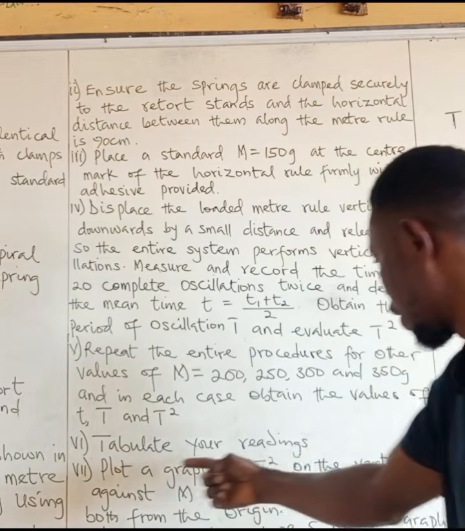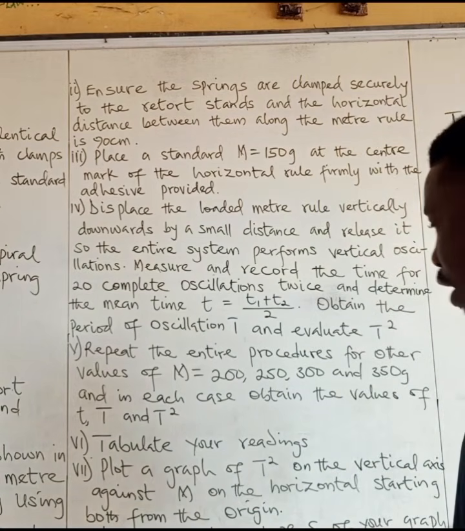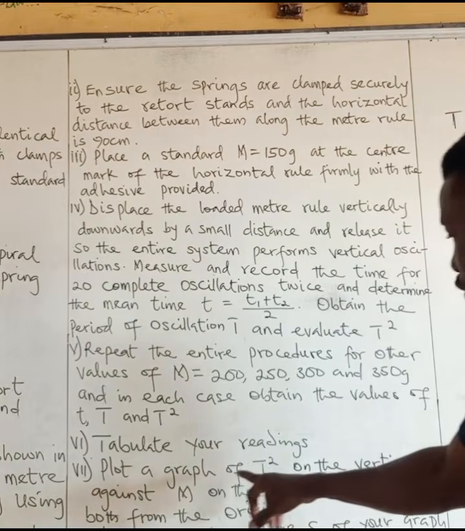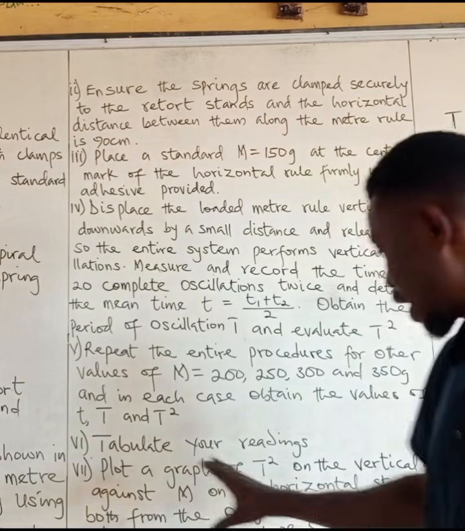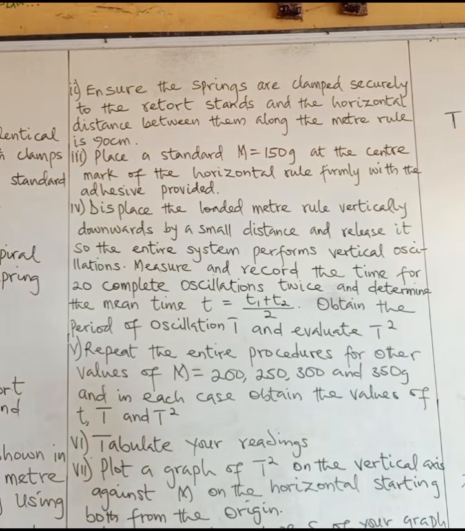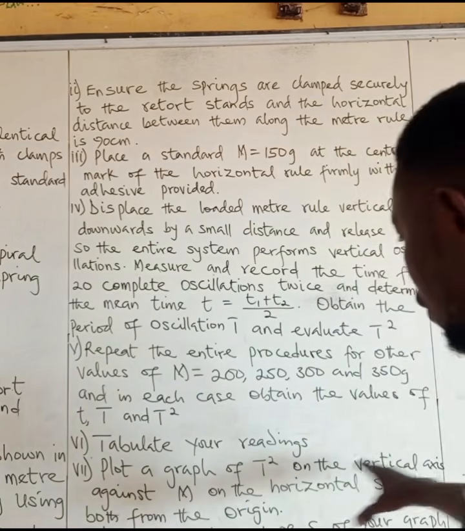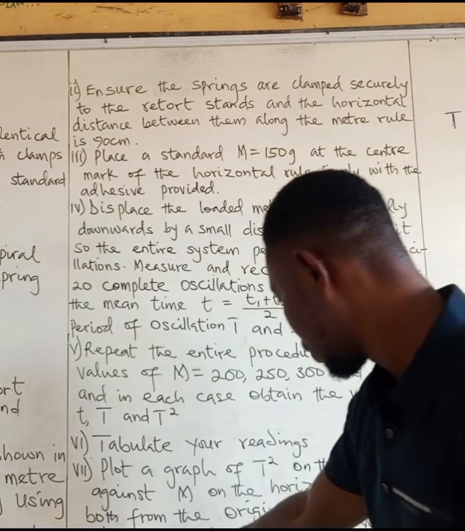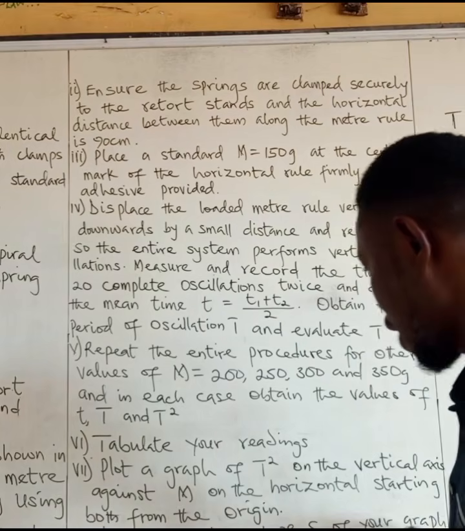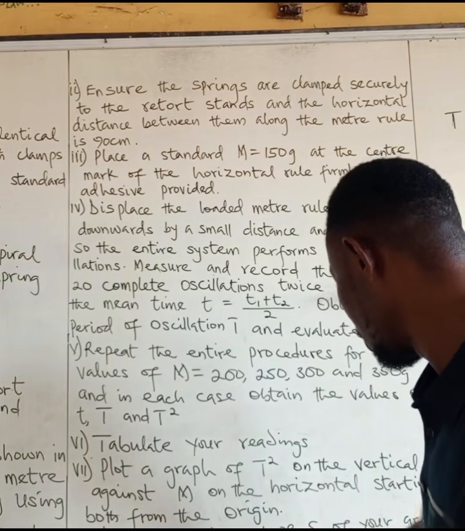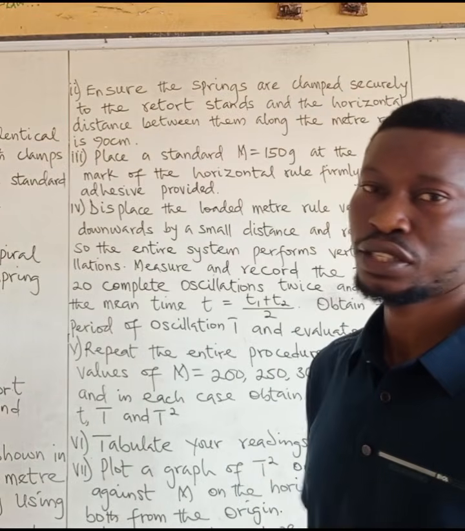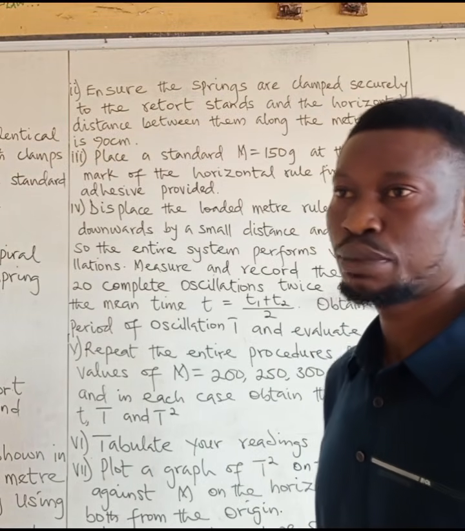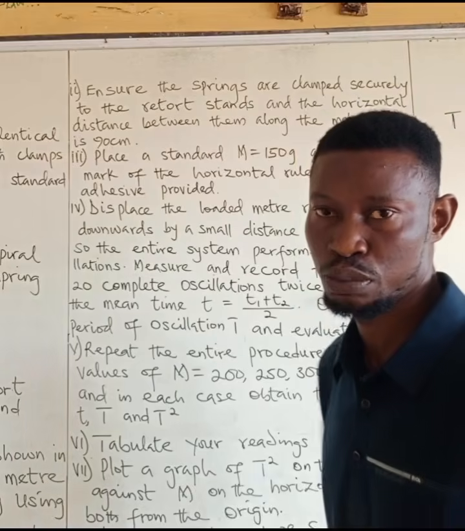You tabulate your results, and you'll be required to plot a graph of T squared on the vertical axis against m on the horizontal axis, starting both axes from the origin. Then you determine the slope s of your graph and the intercept p on the horizontal axis. Like I explained earlier, those two things would be useful in determining some things.